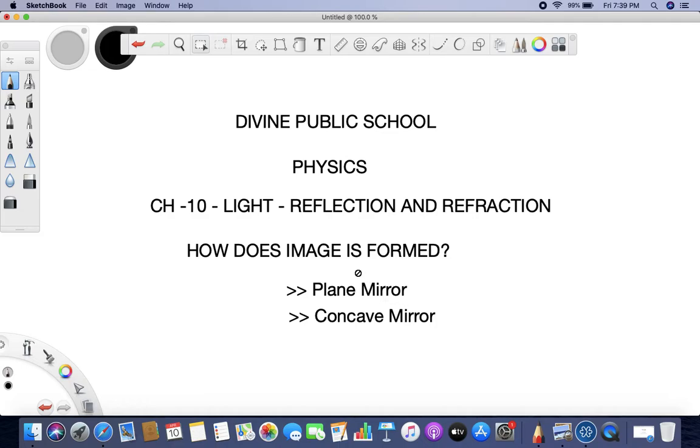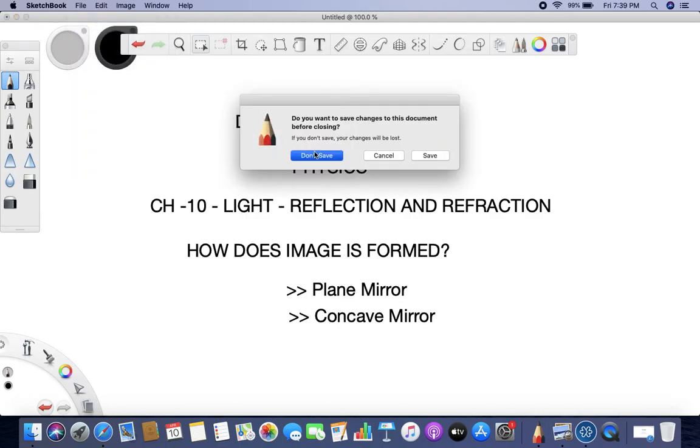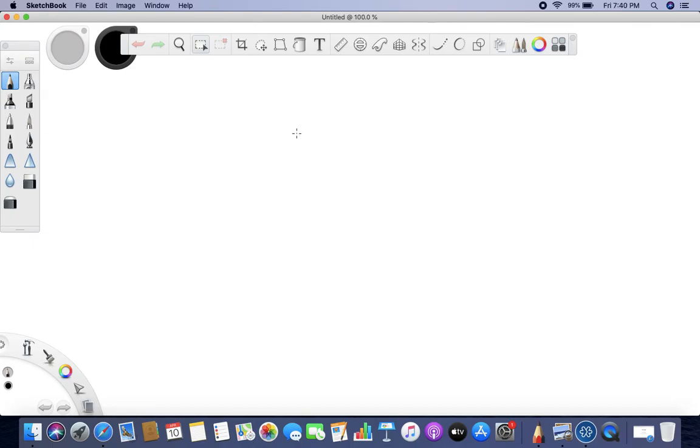First by a plane mirror and the second by a concave mirror. Now the plane mirror part is not so elaborated in your textbook, but it is necessary to understand. What we have talked about earlier is what light is, the meaning in physics.